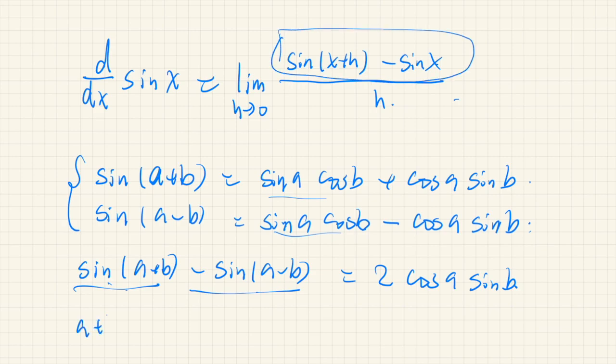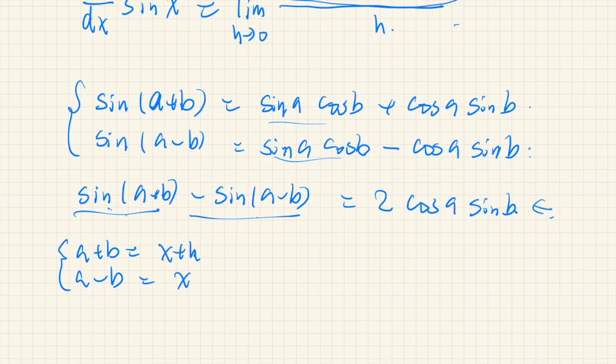If A plus B is equal to x plus h, and A minus B is equal to x, then we can use this formula. Let's solve this. If we add these two, we have 2A equals 2x plus h.